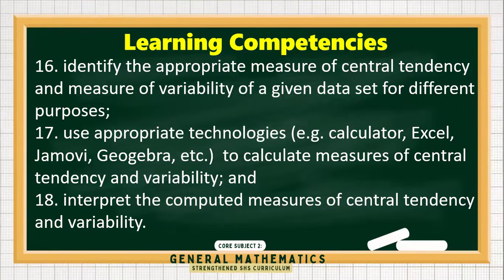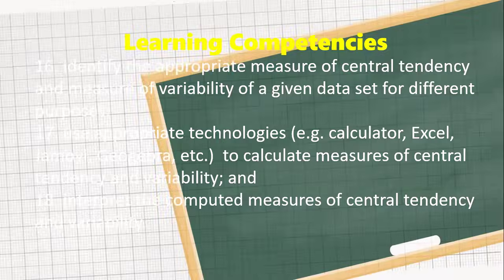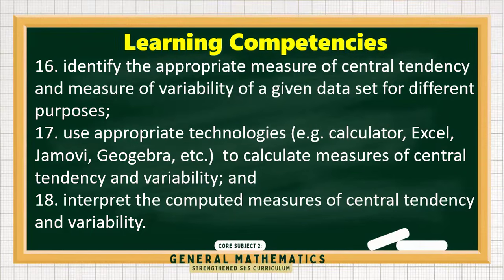So to give you an overview of our learning competencies, our target is to identify the appropriate measures of central tendency and variability for different kinds of data and in different purposes as well. So we will use appropriate technologies, but in this case, we will just focus on the use of the calculator to calculate the measures of central tendency and variability.